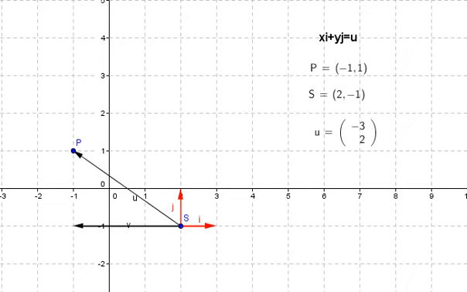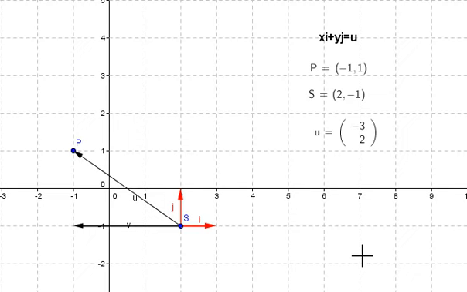So the first vector along the x-axis goes 3 units to the left. Vector v goes 3 units to the left.